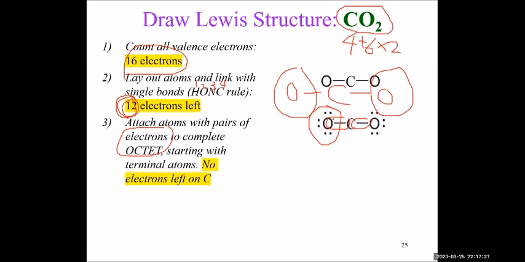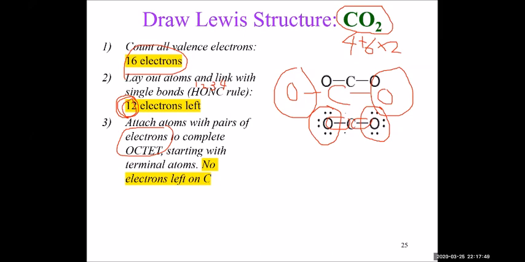So with 12 electrons, I put 6 more here to make this oxygen octet. Keep in mind, we have 6 more, and the other 6 go with the other oxygen. Once this is done, I've used up all the valence electrons. To be sure, let's do a head count of how many electrons I have used.